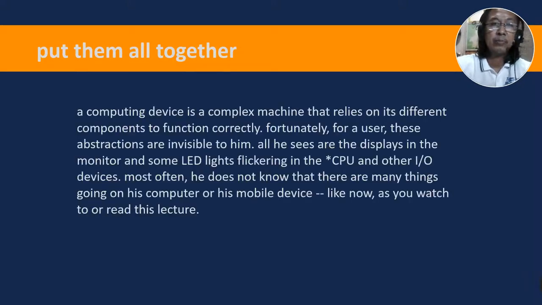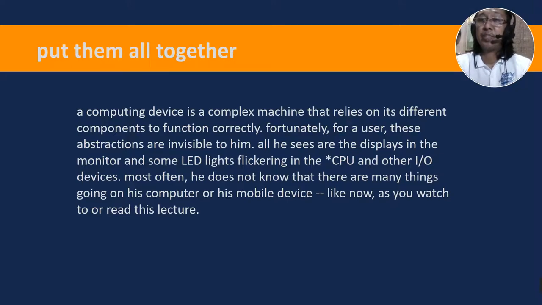If you put them all together, a computing device is a complex machine that relies on its different components to function correctly. Fortunately, for a user, these abstractions are invisible. Whatever is happening inside is invisible to the user.